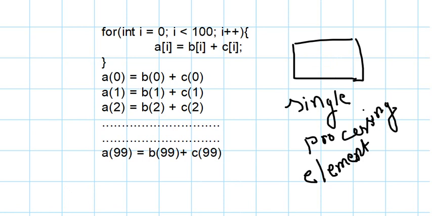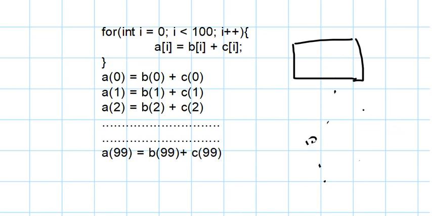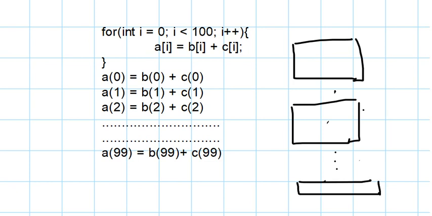But say now you have such processing elements which are capable of doing the addition task for you: processing element index 0, processing element index 1, and this one is processing element with index 99.